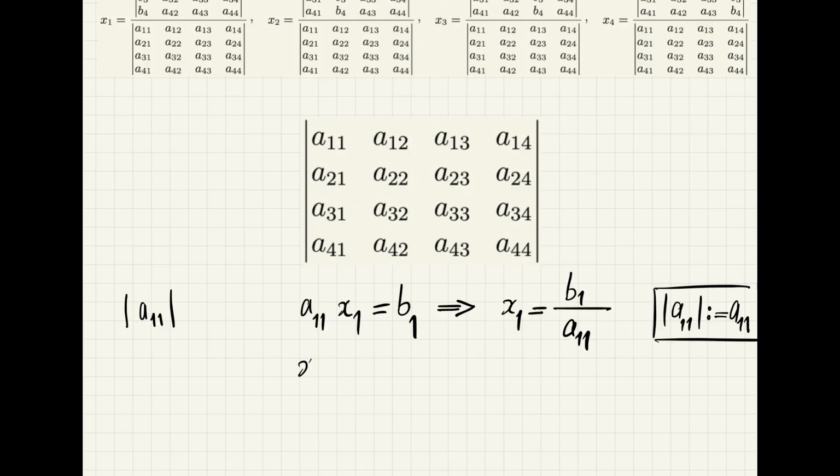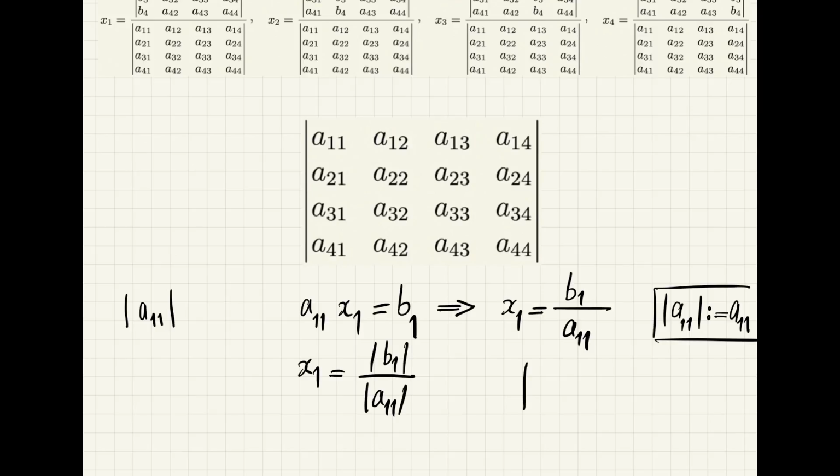And by the way, if I do this definition, again as before, this can be written as the ratio of two determinants. x1 can be expressed as the ratio of two determinants: the determinant of a11 in the denominator and the determinant of b1 in the numerator. Okay, so bottom line is that if I have a 1 by 1 determinant, the determinant is defined to be equal to its own entry, the only entry of the determinant.